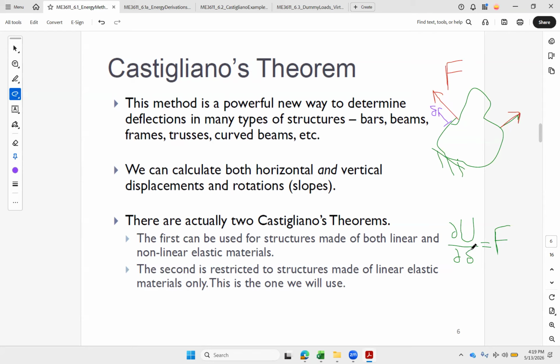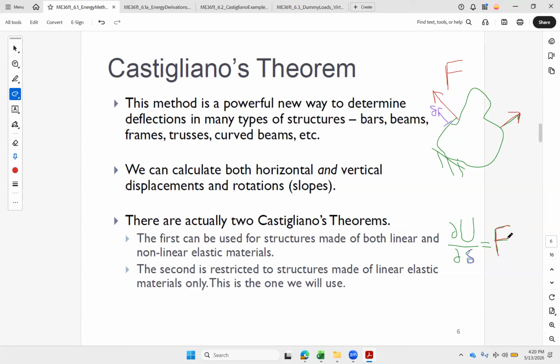That's my capital U. Then I take the derivative of that with respect to displacement, and it'll tell me what force is required to do that. Now that requires us to formulate everything in terms of displacements. That one can be a little bit tricky to do, but it can handle both linear and nonlinear materials because we're basing everything just off of the geometry.